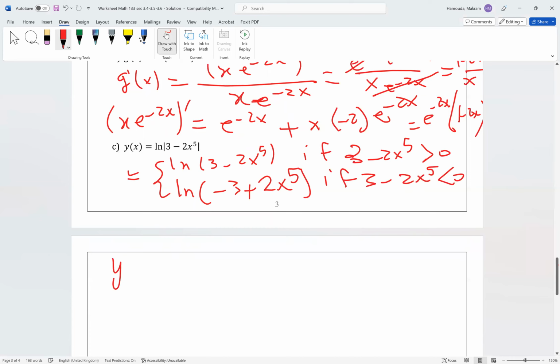And now y prime will be equal to the same thing, the derivative of the logarithm, so it's over 3 minus 2x^5, and the derivative of this function is minus 10x^4 if this quantity is positive.